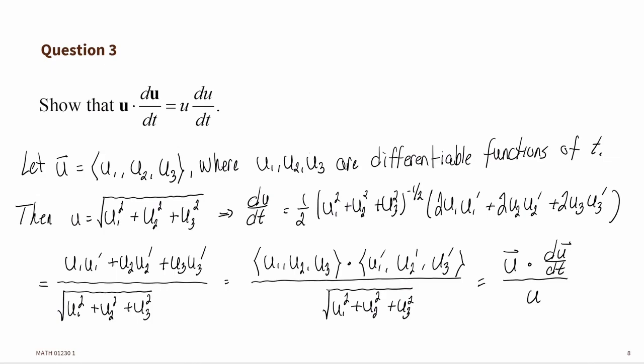This is what we wind up with. And therefore, what we find is we multiply now by u. We get our result.